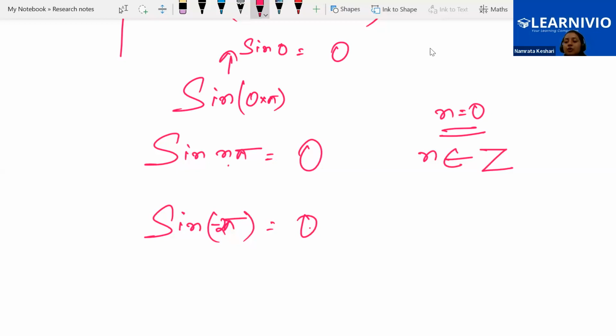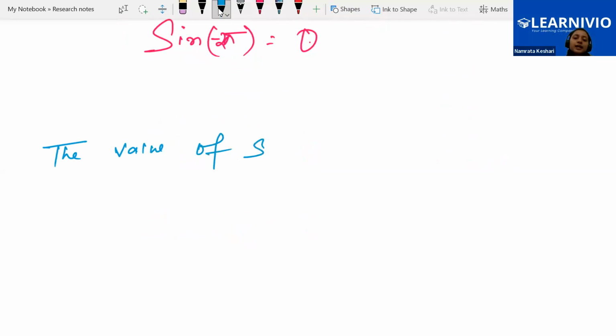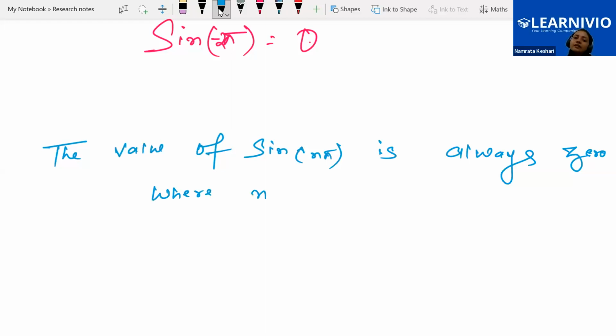Getting it? So from here I am going to write one statement. The value of sine n pi is always 0, where n is any integer.